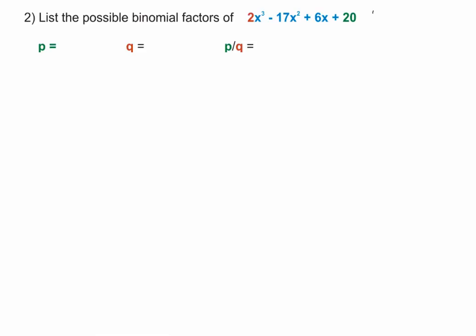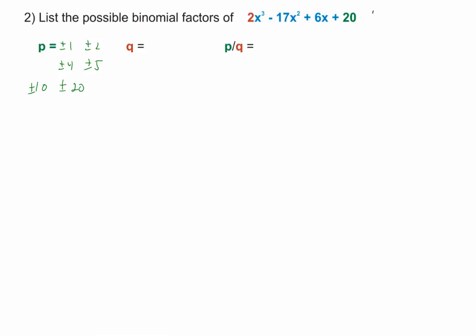So all the possibilities of 20: plus and minus 1, plus and minus 2, plus or minus 4, plus or minus 5, plus or minus 10, of course.